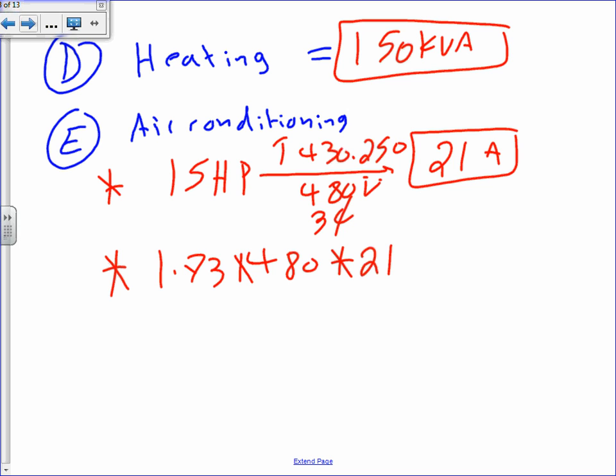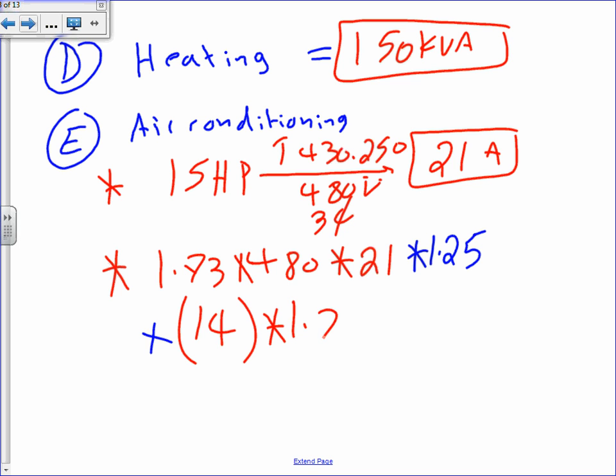Now remember, these are motors, so I'm going to multiply by 1.25 for the largest motor. That's the first motor. Then the second, the other 14, times 1.73 times 480 times 21.